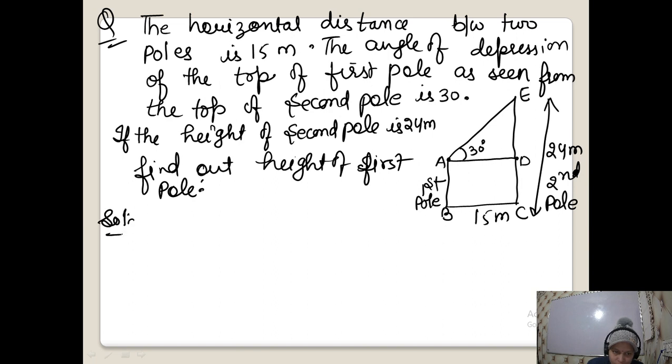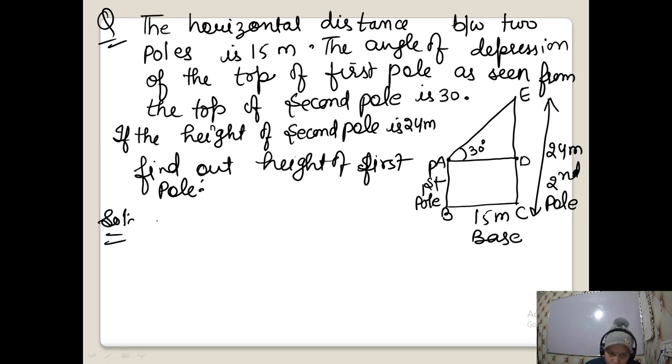You can see here we have given the base, and we have to find the perpendicular. Then you can use the formula of tan 30 degrees.